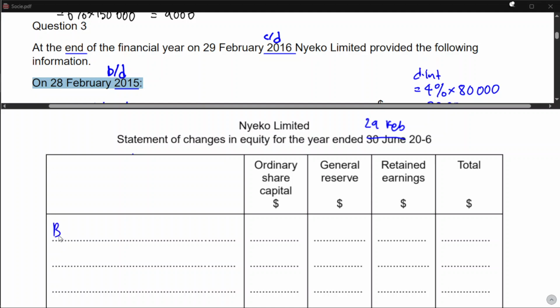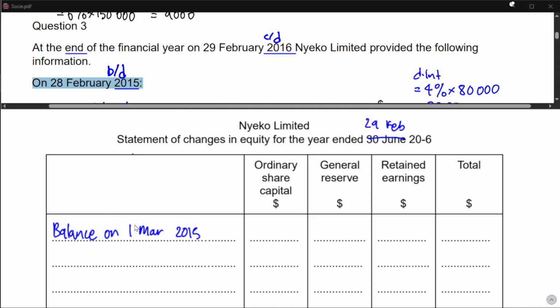Let's write balance on, actually this one should be on 1 March 2015, because after 29 Feb is 1 March.